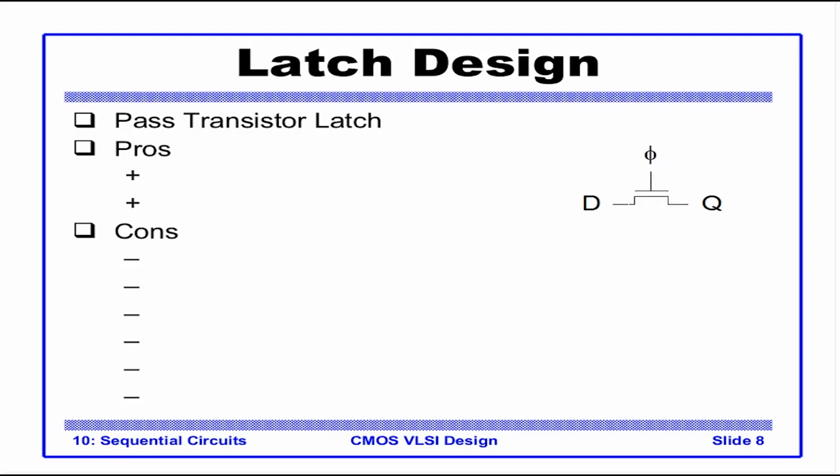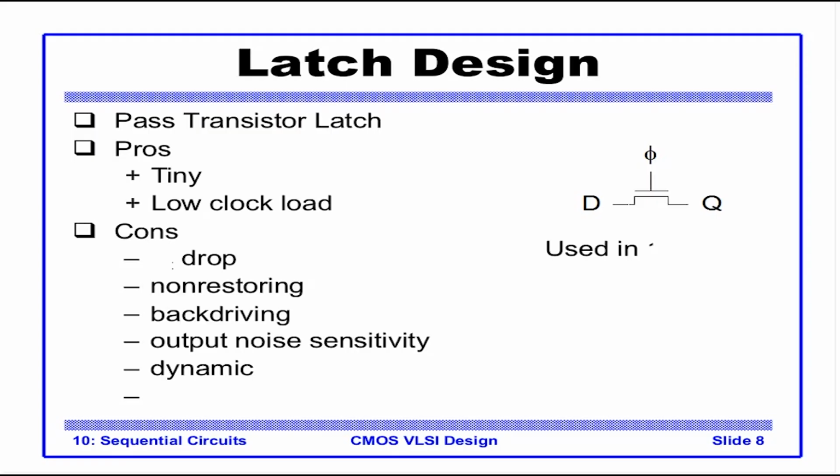What are the advantages? Obviously, it is very small and has low clock load. We will look at what is meant by low clock load. Just note that the clock, that is φ, has only one load, that is the gate of this transistor. The disadvantages, cons, are many. Since it's a pass transistor, it will have a VT drop.